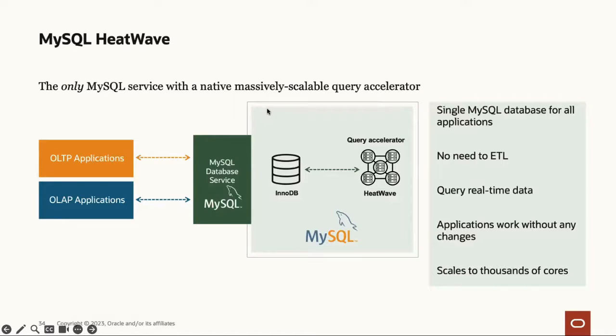So at all points in time, your HeatWave nodes are going to be inspecting all of the nodes, making sure everything's working. And in the event that it sees that one of the nodes is down, it's going to be replaced, reprovisioned, so that you'll keep that uptime in your MySQL HeatWave system.